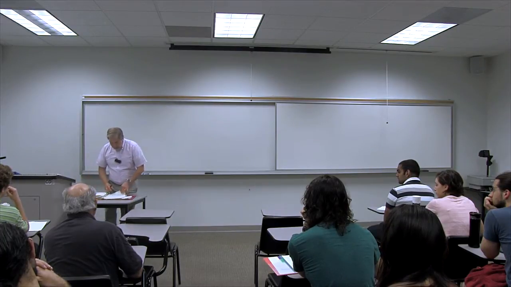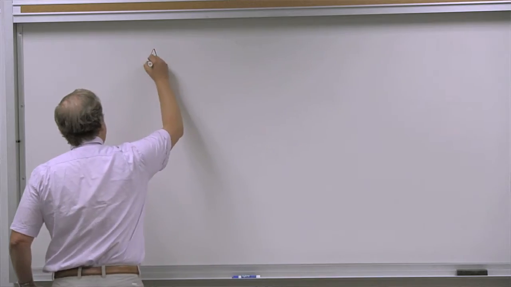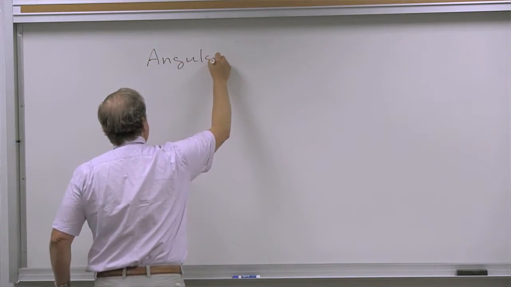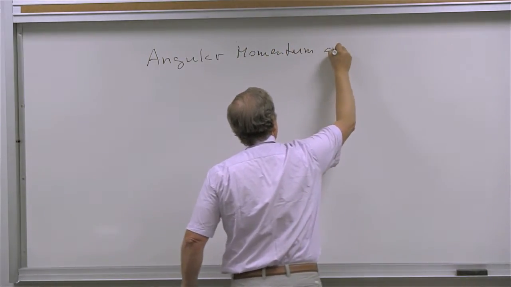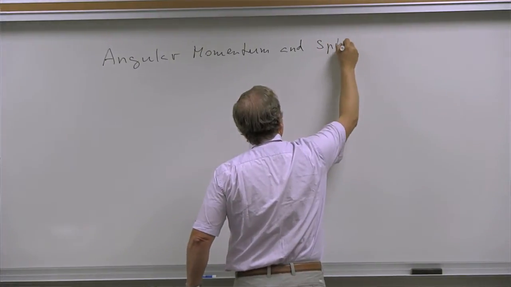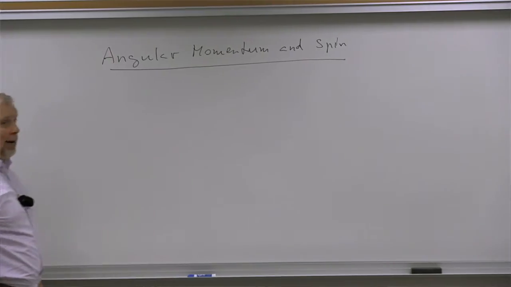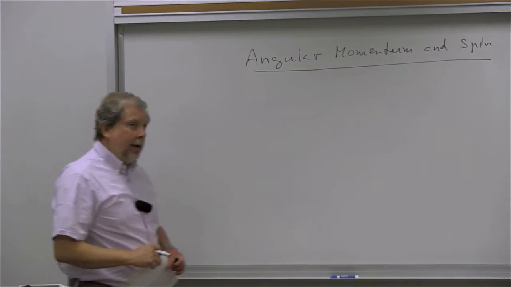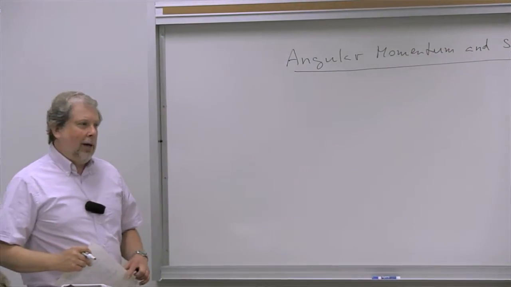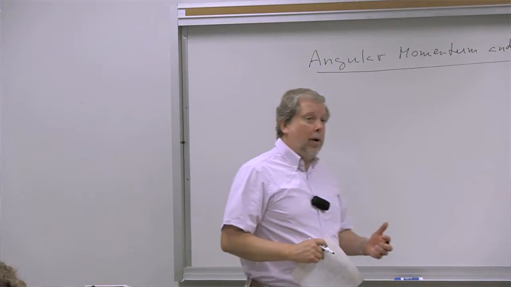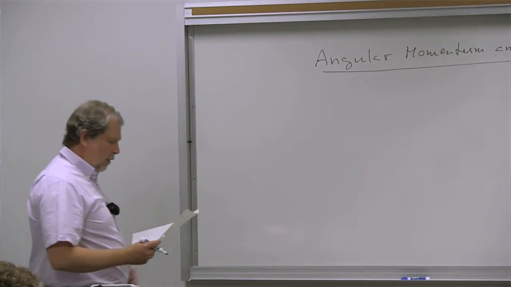Now the other thing that we want to talk about briefly is angular momentum and spin, because that will again have some relevance later on, and in any case a discussion of energy and momentum would not be complete, already at the Newtonian level, if you did not also talk about angular momentum. So how do you do that in the relativistic context?